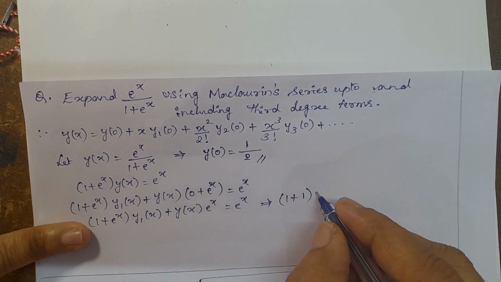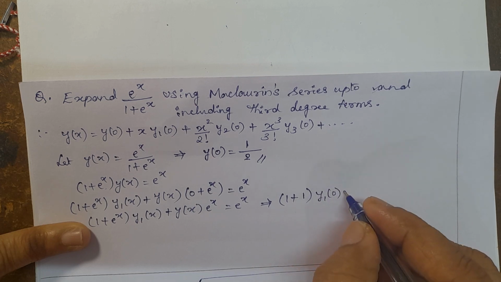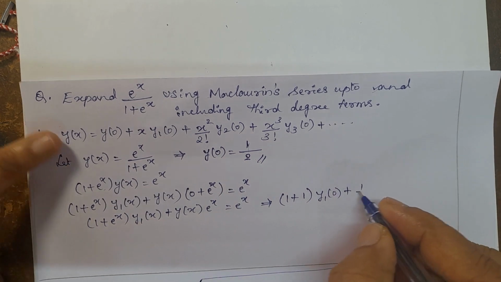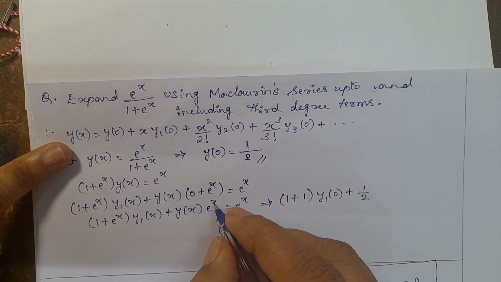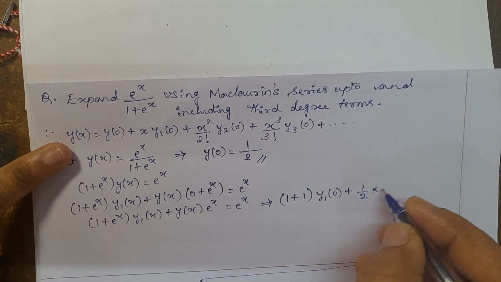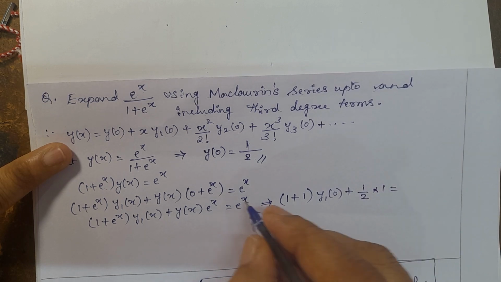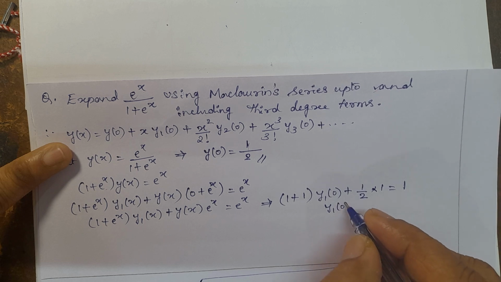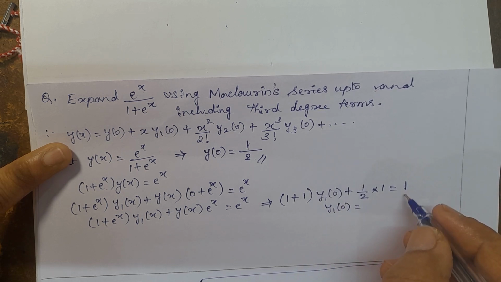Then y1 of 0 plus y of 0. y of 0 is 1 by 2. E power of 0 is 1. Equal to e power of 0 is 1. So then y1 of 0 equal to, this is 1.